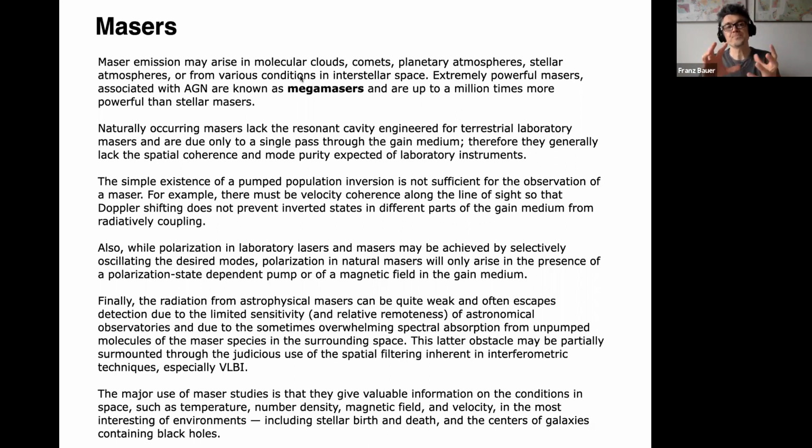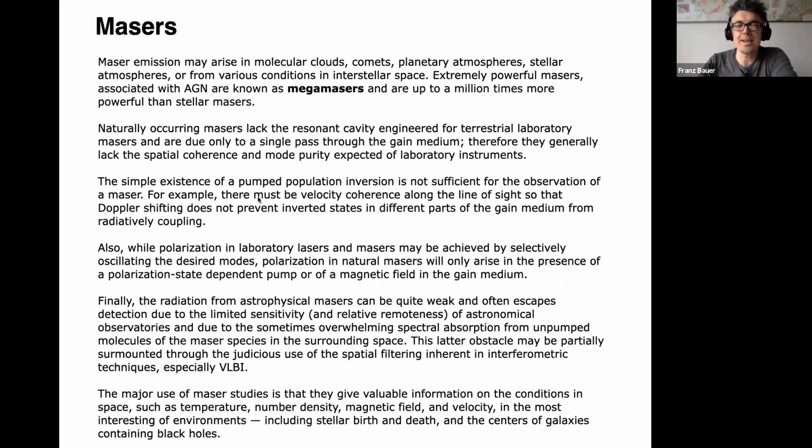For star forming regions, for instance, again, it's certain orientations. For instance, if you have a jet from a protoplanetary disk, you may be able to see masers along that jet because, again, of this gradient structure. Now, the simple existence of an inverted population is typically not sufficient.